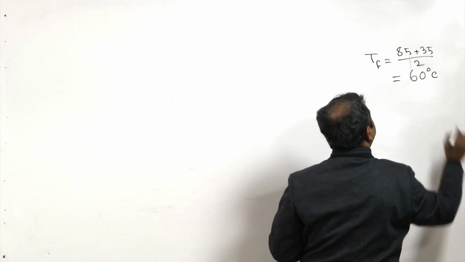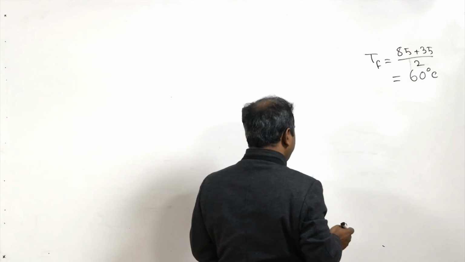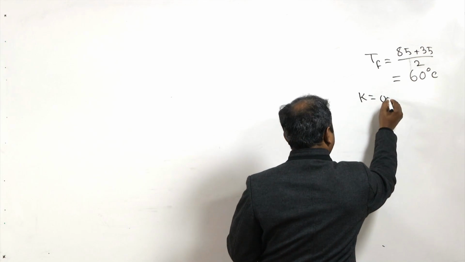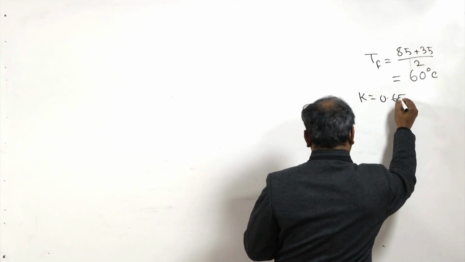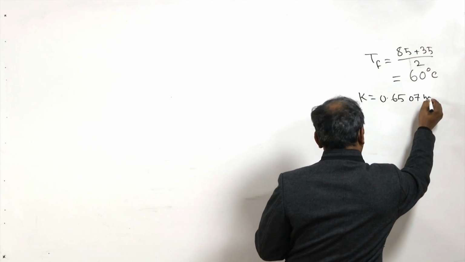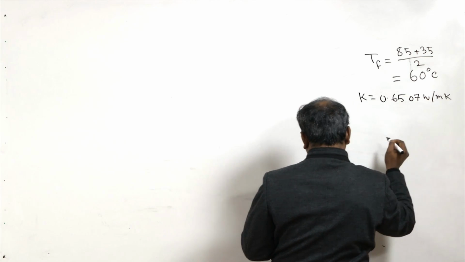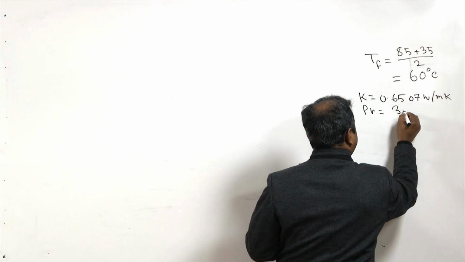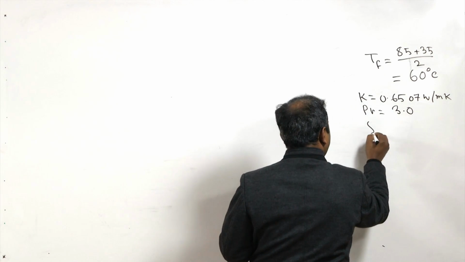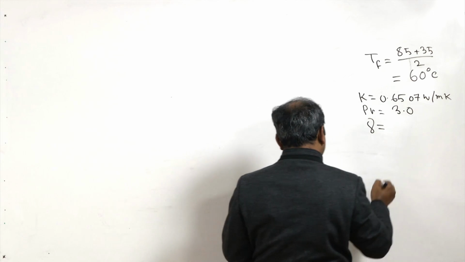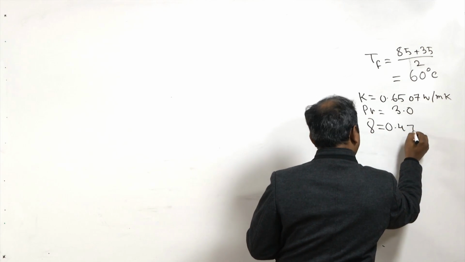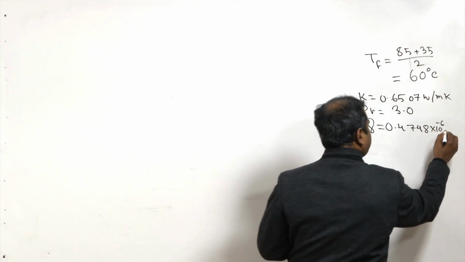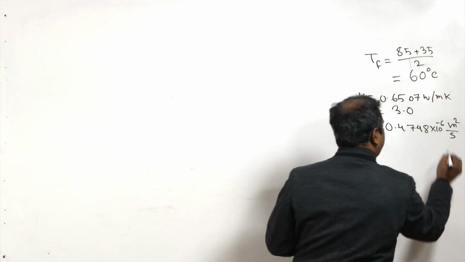At 60 degrees centigrade, if you try to find out the properties, k for water from the steam table you can get 0.6507 watt per meter Kelvin. Then the Prandtl number from the steam table will come as 3. Nu, the kinematic viscosity, will come as 0.4748 into 10 to the power minus 6 meter square per second.